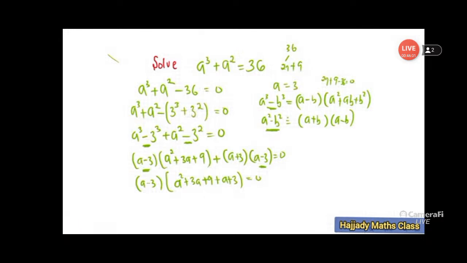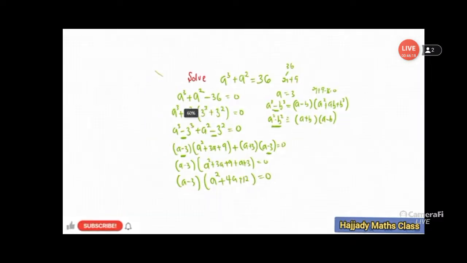From here, we can solve what is inside the bracket. So I'm going to have a minus 3, and here I'm going to have a squared plus 4a plus 12 equals 0. So I have that a minus 3 equals 0, which gives one of the roots, and also a squared plus 4a plus 12 equals 0.